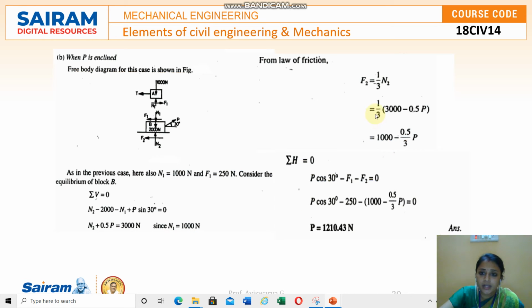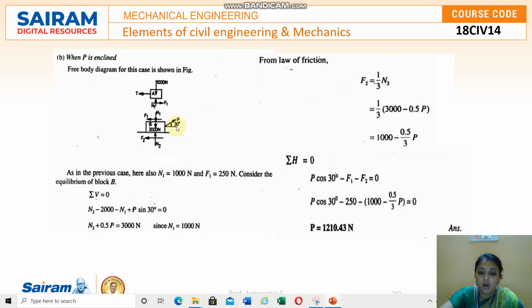Again, mu2 is equal to F2 by N2, that is 1/3. We don't know N2 yet, so substitute what we found in the previous step, and F2 becomes 1000 minus 0.5/3 P. Now again use summation of horizontal forces equal to 0.